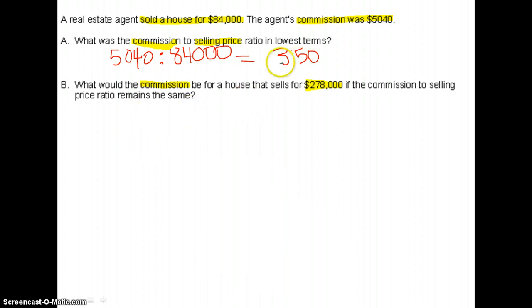Okay, so we're going to use the small ratio that we came up with. So we're going to go 3 divided by 50. Remember, a ratio is just a fraction, equals. Now, the 3 represented commission, and that's what we're looking for, so we're going to put an X there. And the 50 represented the selling price, so that's where we're going to put the $278,000.